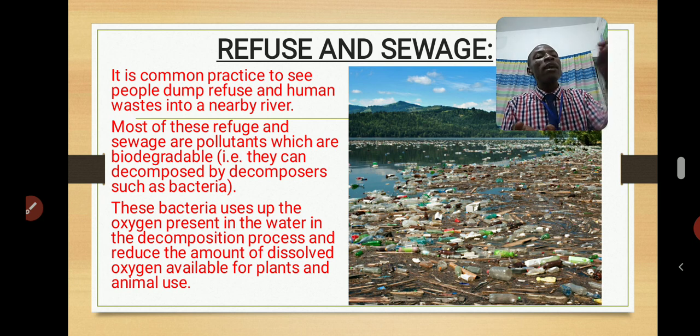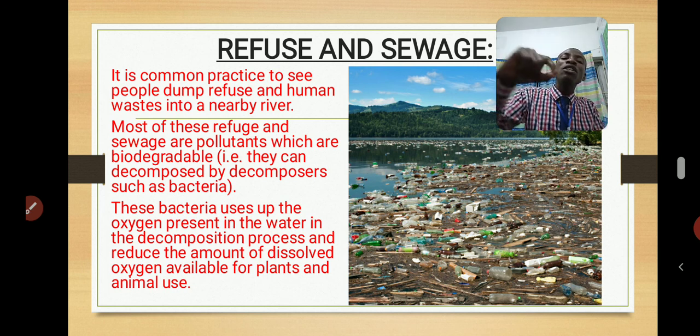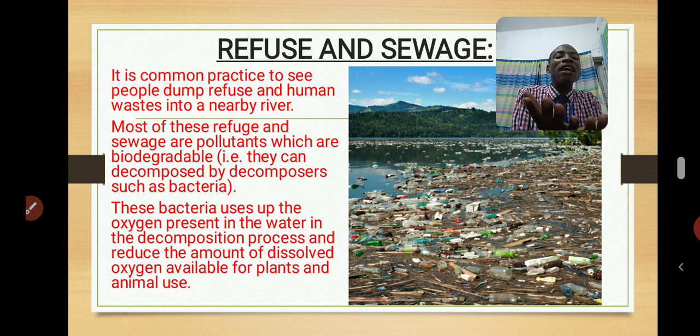So when there are many sewage in the water and decomposers are trying to decompose them, these decomposers will be using up the little oxygen that is available in the water for the animals to use. So that will create something we call increase in biological oxygen demand, BOD.